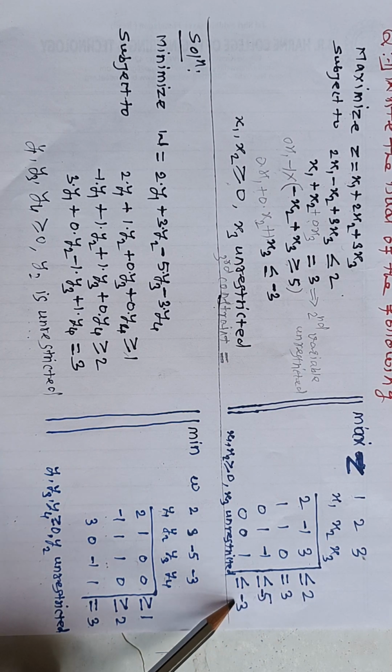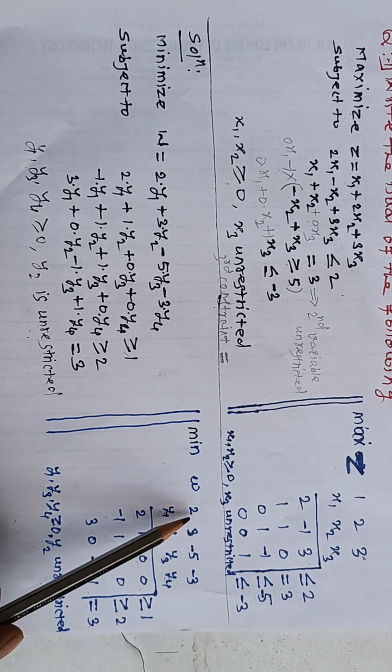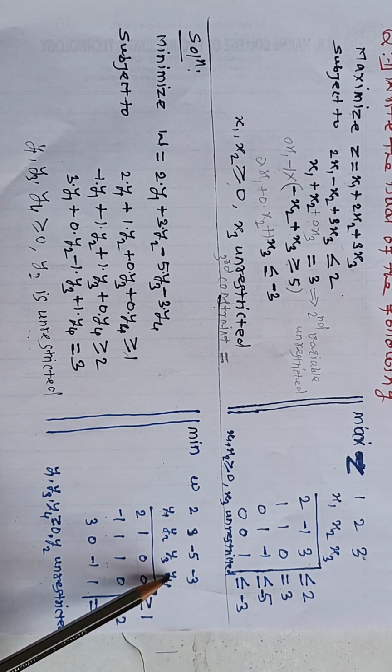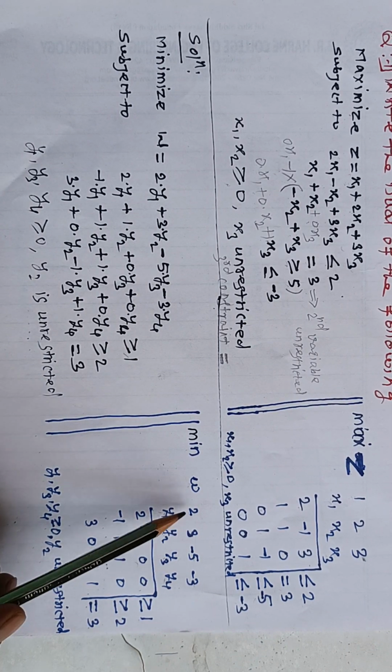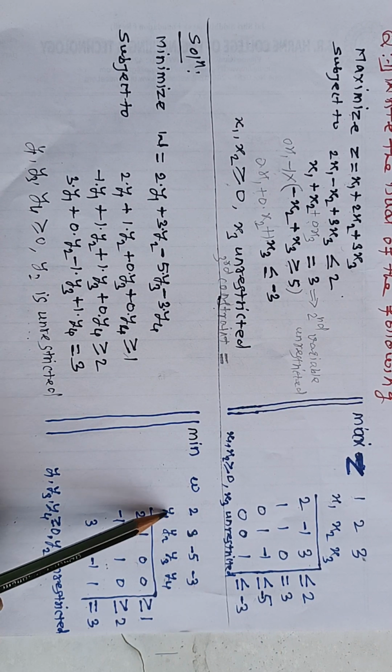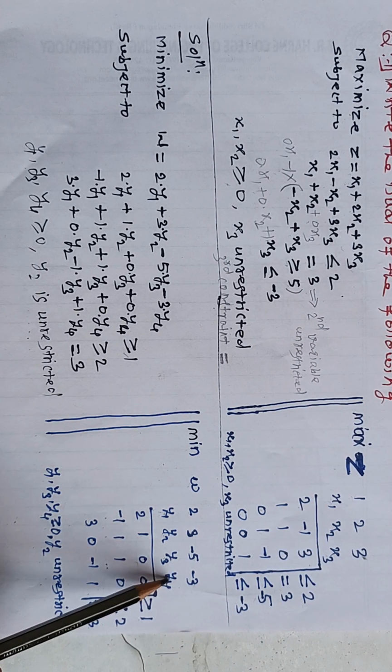You are taking these constant terms as the coefficients of the new variables y1, y2, y3, y4 for objective function w. Then below these constant terms put the variables y1, y2, y3, y4 like this.